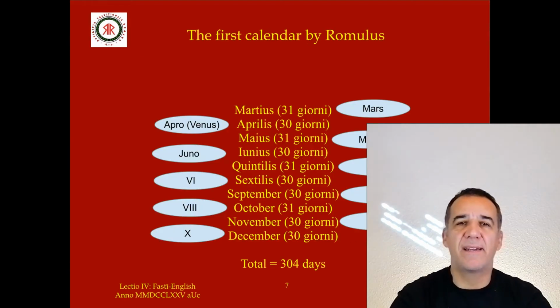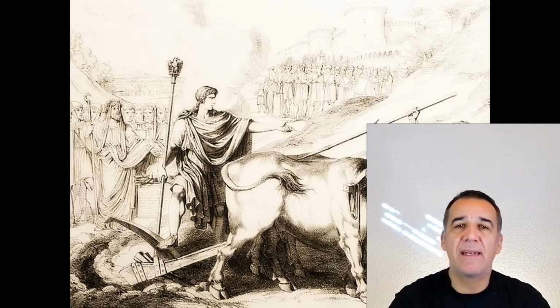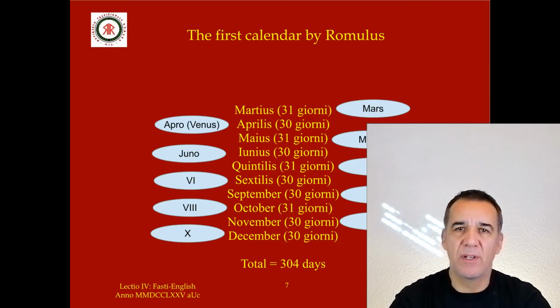The first calendar that we know is the one introduced by Romulus and was quite peculiar because it had only 10 months. So it was a calendar of 304 days.